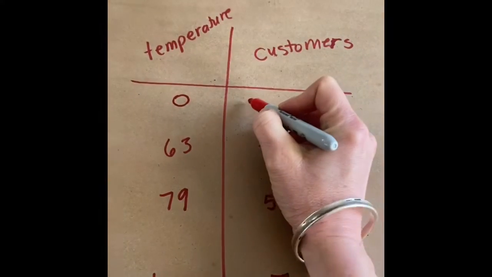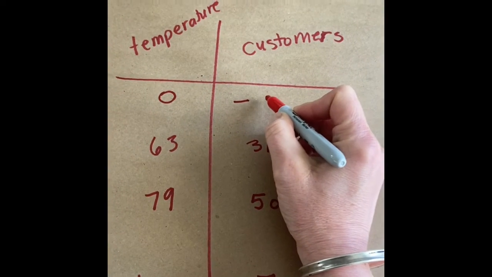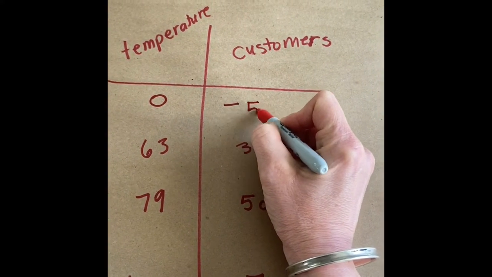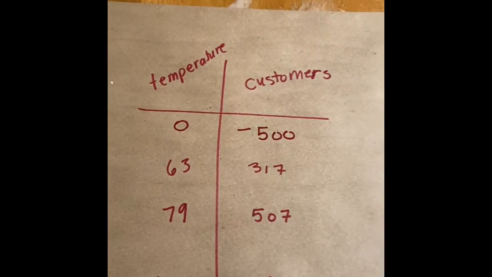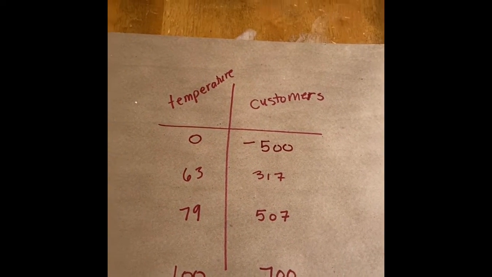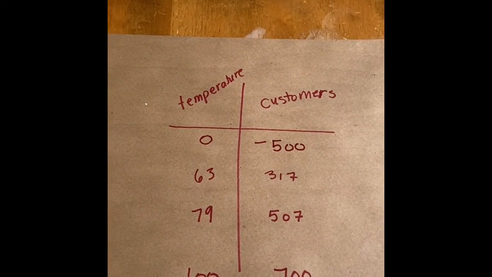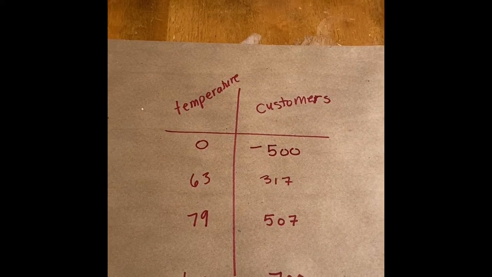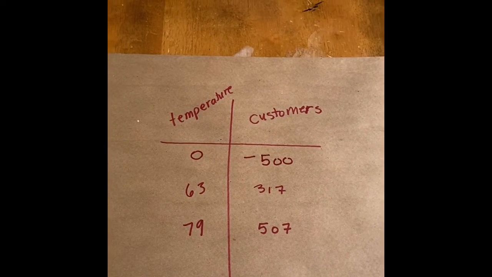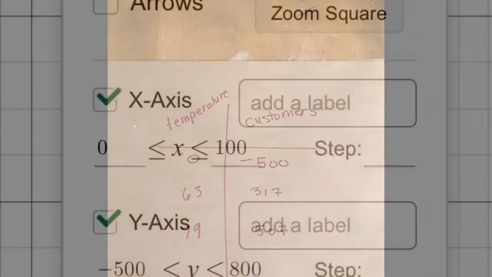I know I want this number to be like a negative number, like negative 500. That seems weird. The only way I know that is because I've tried to make the graph already on Desmos, and I've seen that if I want to look at the trend nicely, I want my y-axis to start at minus 500.